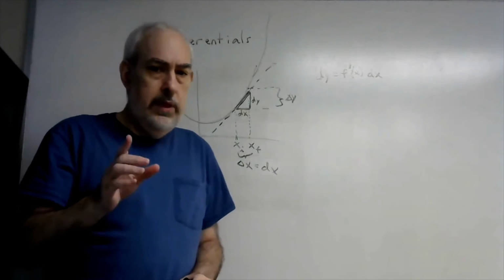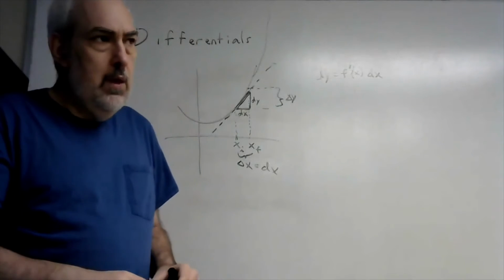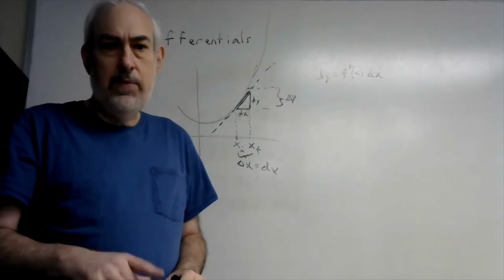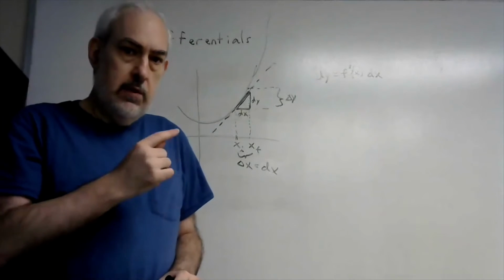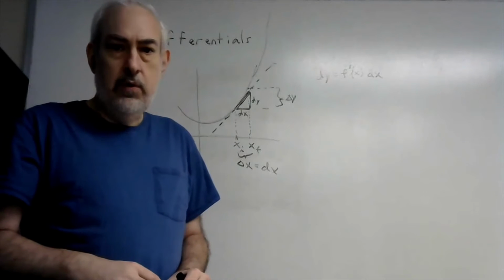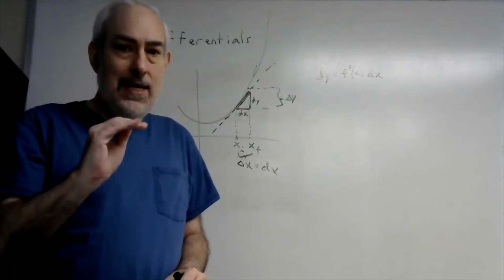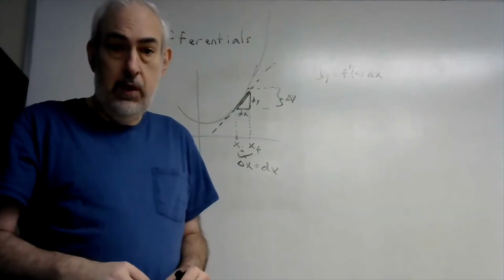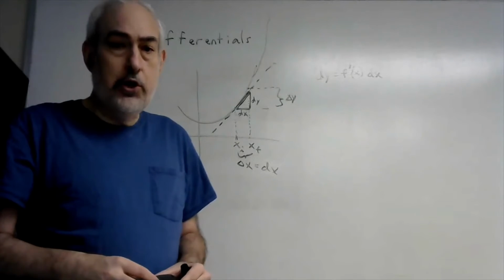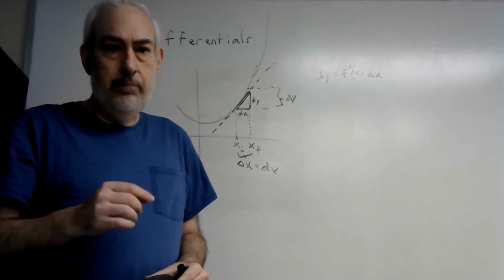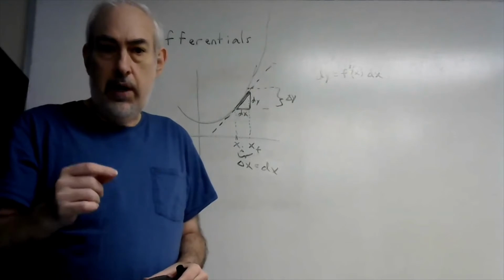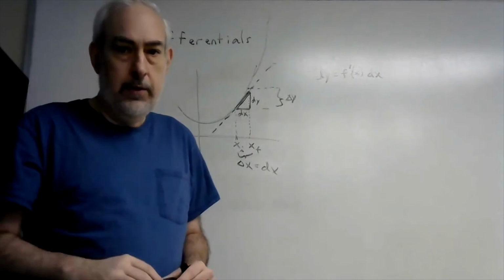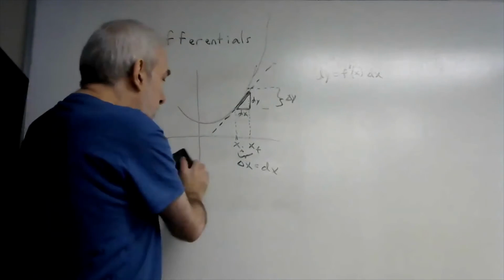Linearization is used when you're trying to approximate the value of a function at a single point. Differentials are used whenever you want to approximate the change in the function between two points. So differentials are more useful for changes, whereas linearization, or linear approximation, is more useful when you're trying to approximate at a single point. Okay, let's do an example.